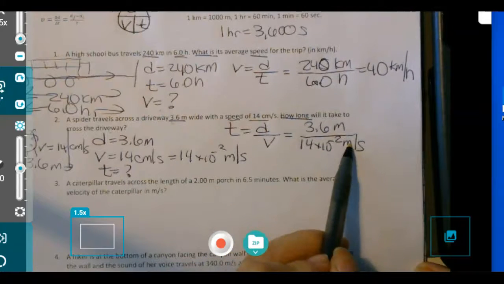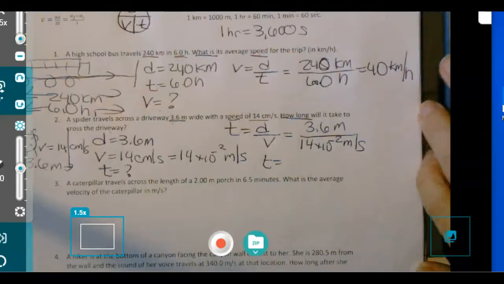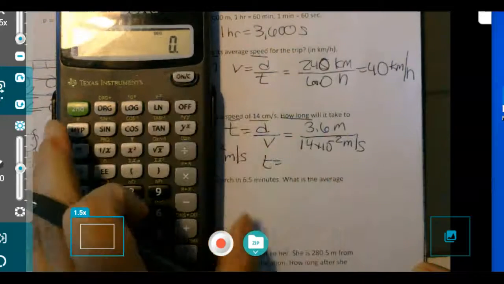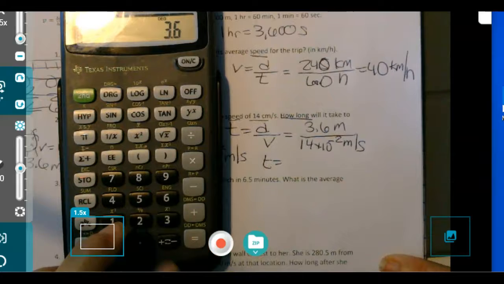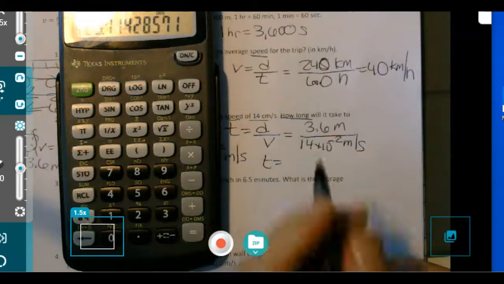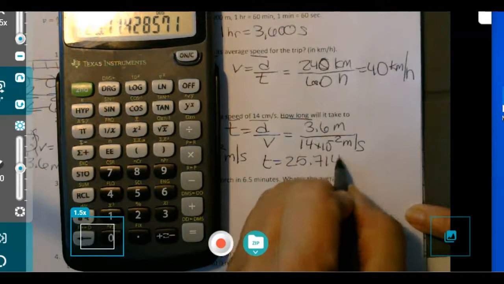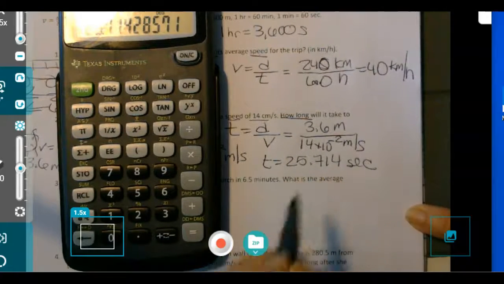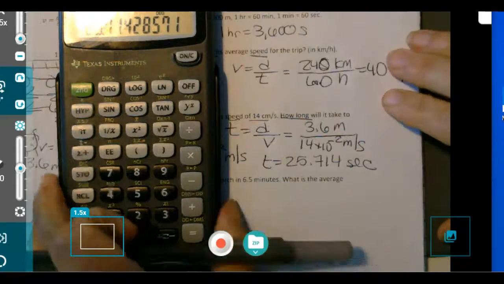That means the meters cancel each other out, and I'm going to be left with a second. So I got 3.6 divided by 14 EE minus 2, and I get 25.714 seconds. Everybody with me?